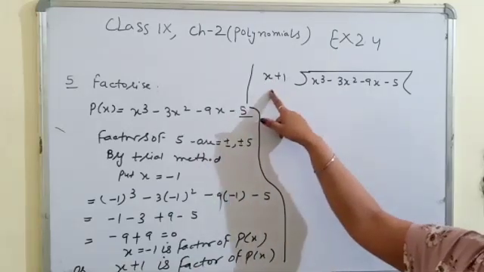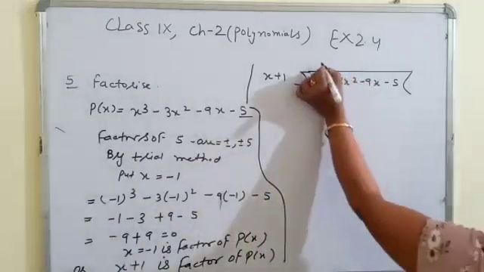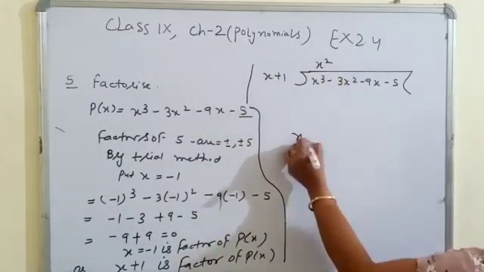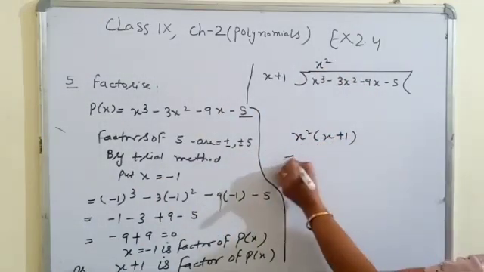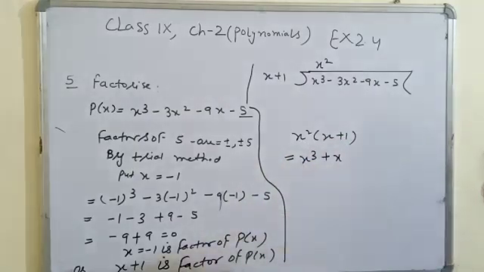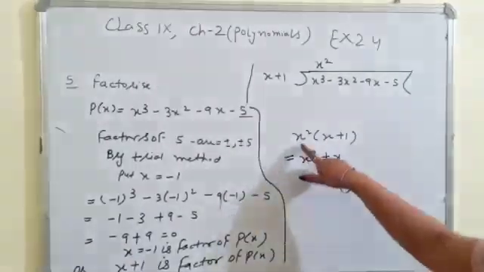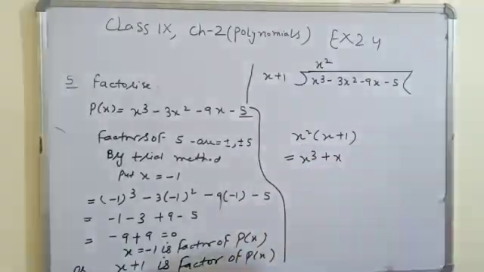X cube divided by x is x square, so we multiply the divisor by x square. Multiplying x square by x plus 1 gives x cube plus x square, because when we multiply powers with the same base, we add the powers.